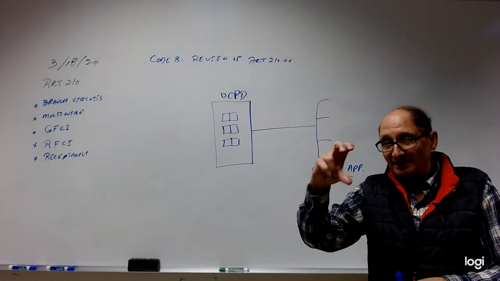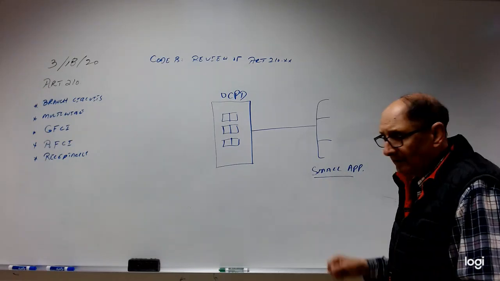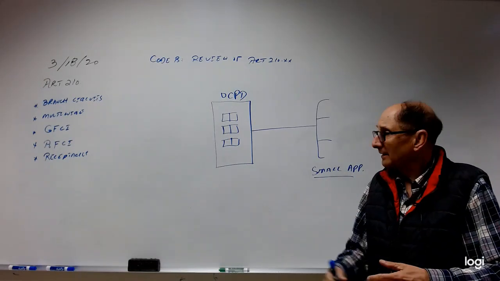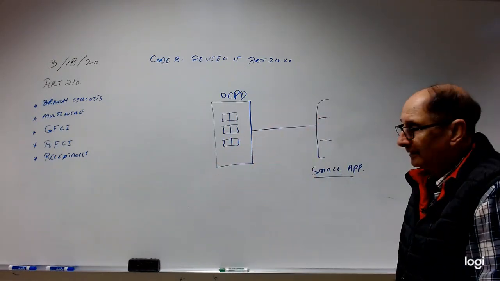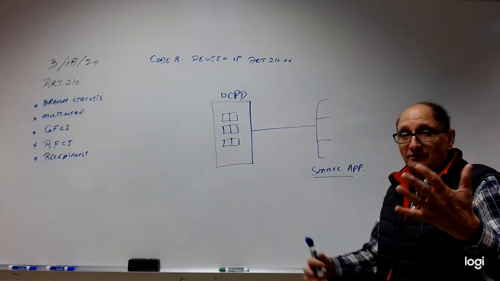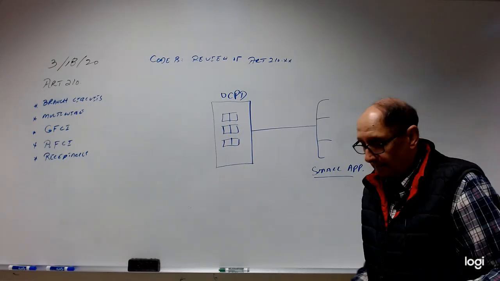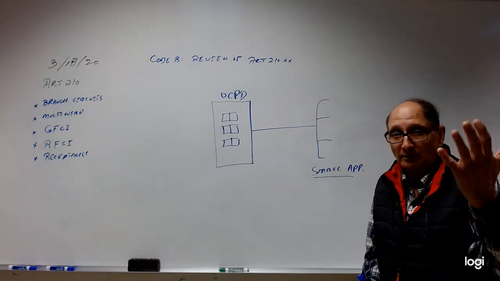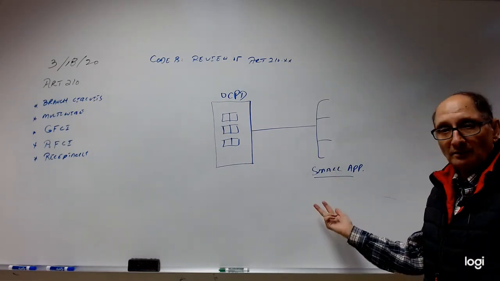But those receptacles are 20 amp receptacles. They are basically controlled by your breaker in the panel. If you open up your service panel, you're going to see two circuit breakers labeled kitchen one, kitchen two.